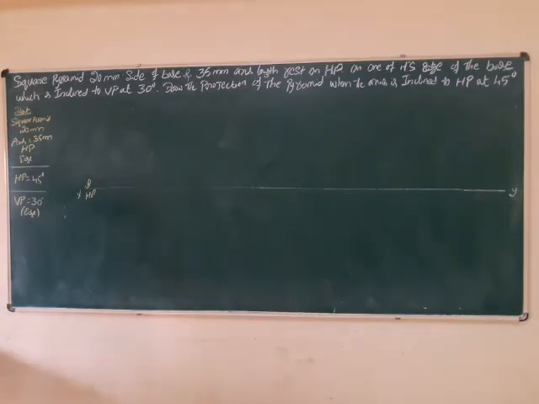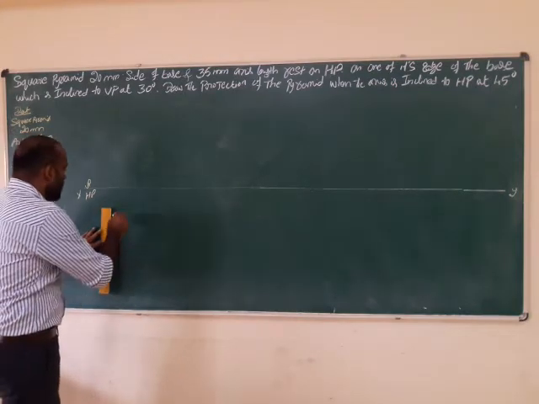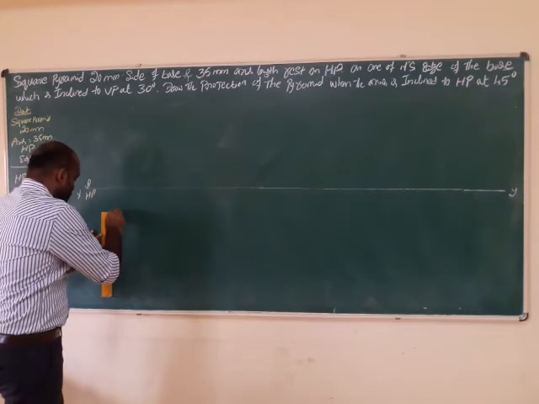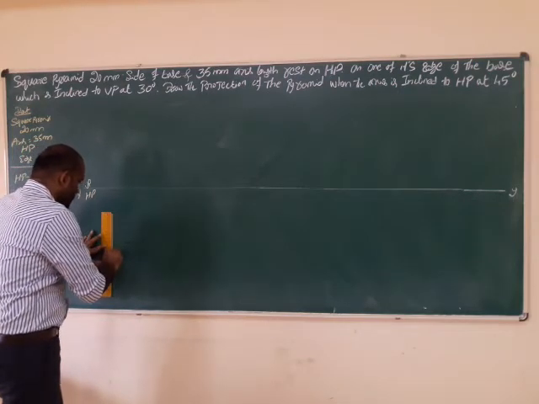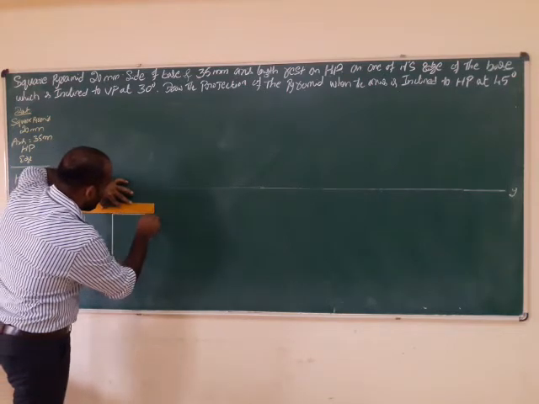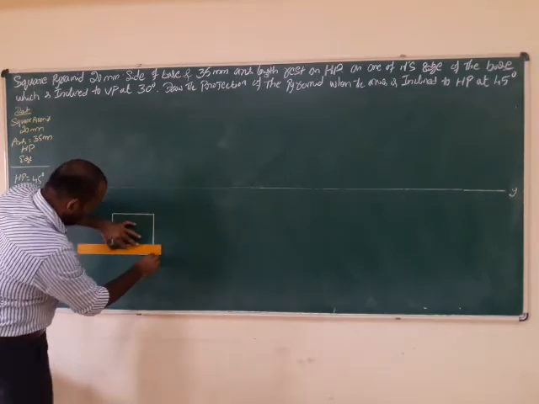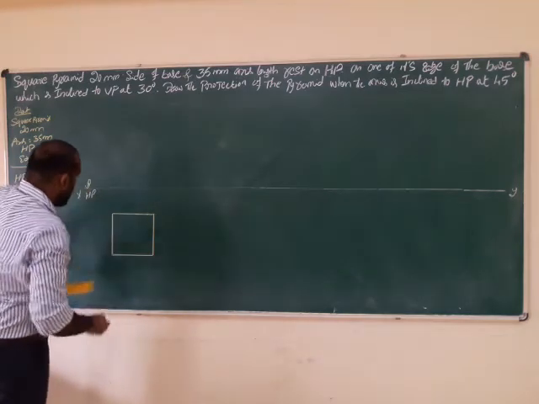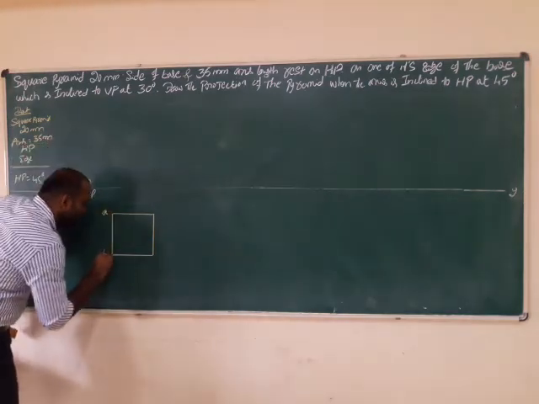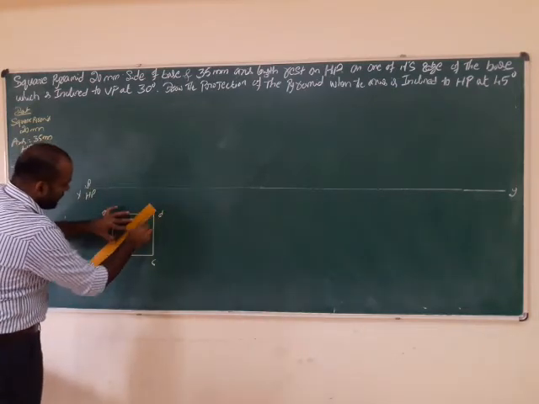First, draw the square, the side is 20. A is visible, B is visible, C, D. In the front view, A, B, C, D is visible.